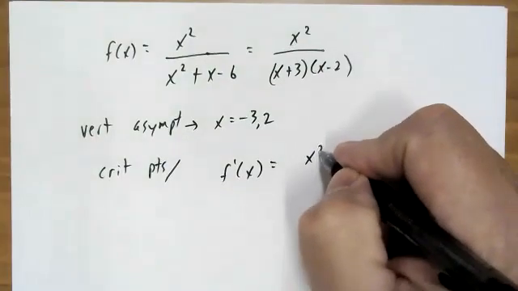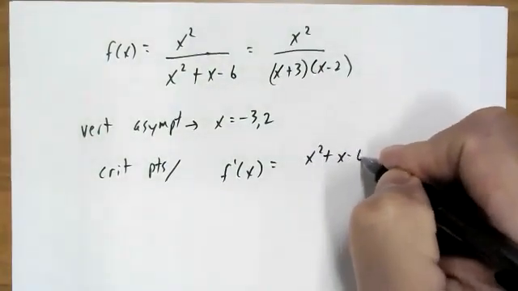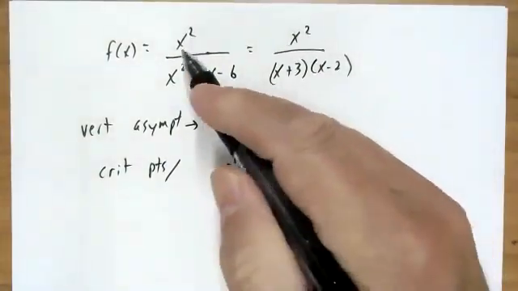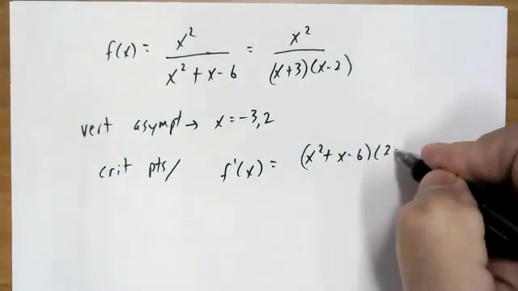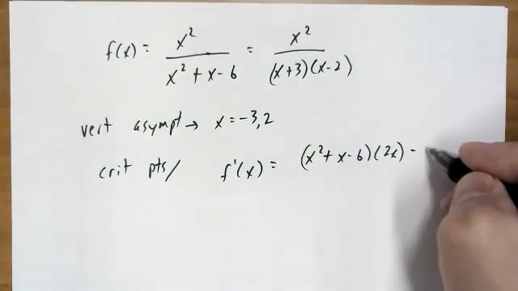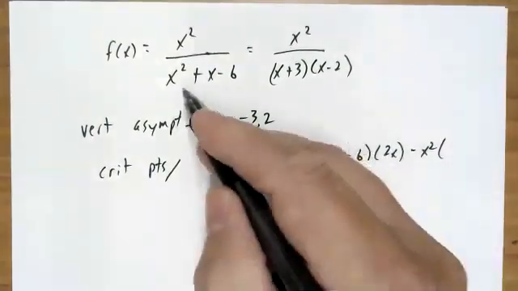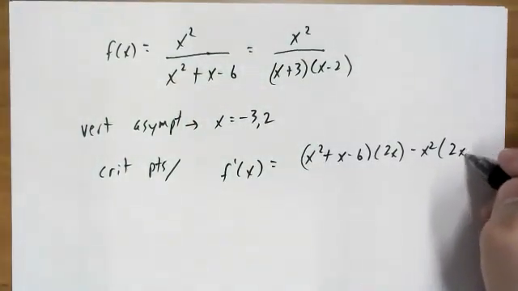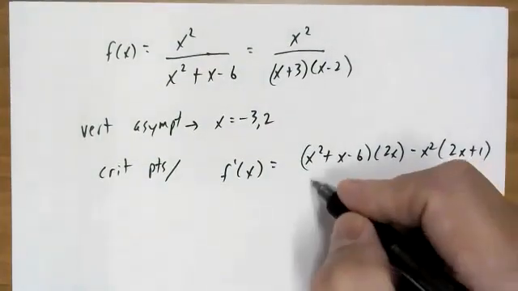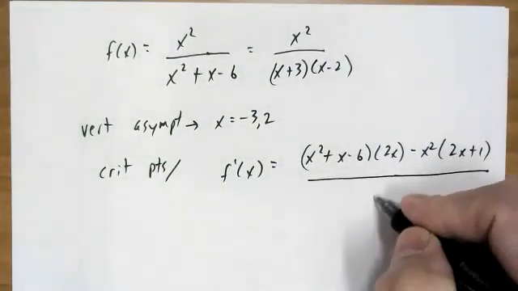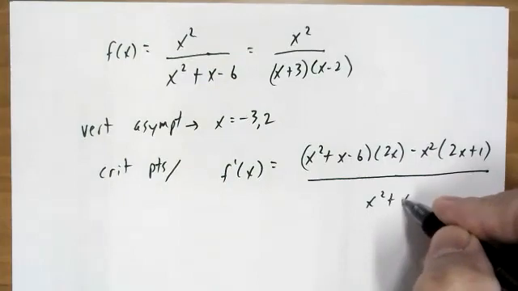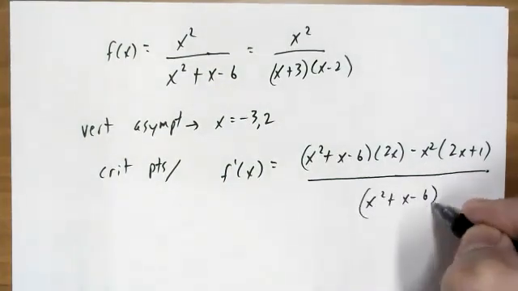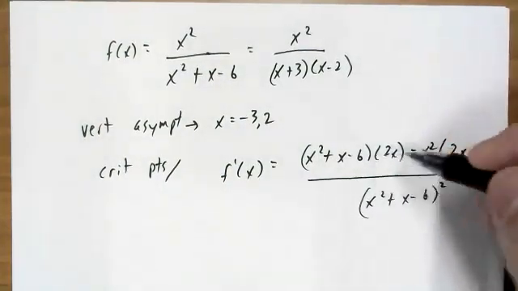So low d high, derivative of the top is 2x, minus high d low, derivative of the denominator is 2x plus 1, over the denominator squared. So this is getting pretty messy.